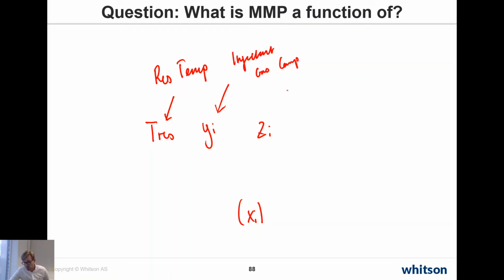But I would like us to be a little bit consistent when it comes to the usage of the symbol for reservoir fluid. Because when we use XI, then we typically refer to an oil or a liquid phase. But that's just one of the cases.